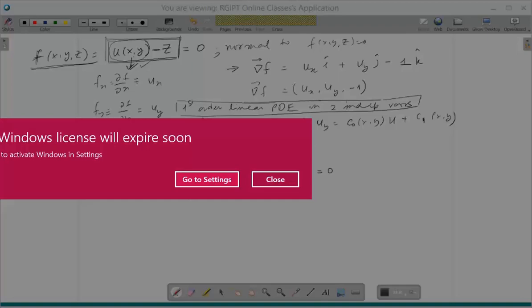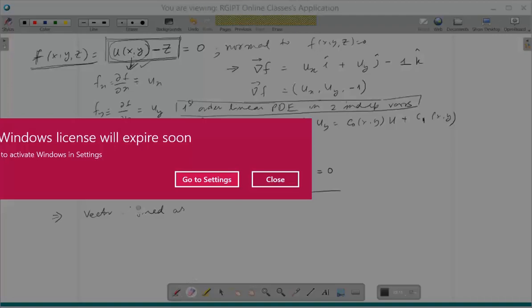If I define a vector ai + bj + (c0 u + c1)k, then the dot product of that will be a ux + b uy − c0 u − c1 equal to 0.